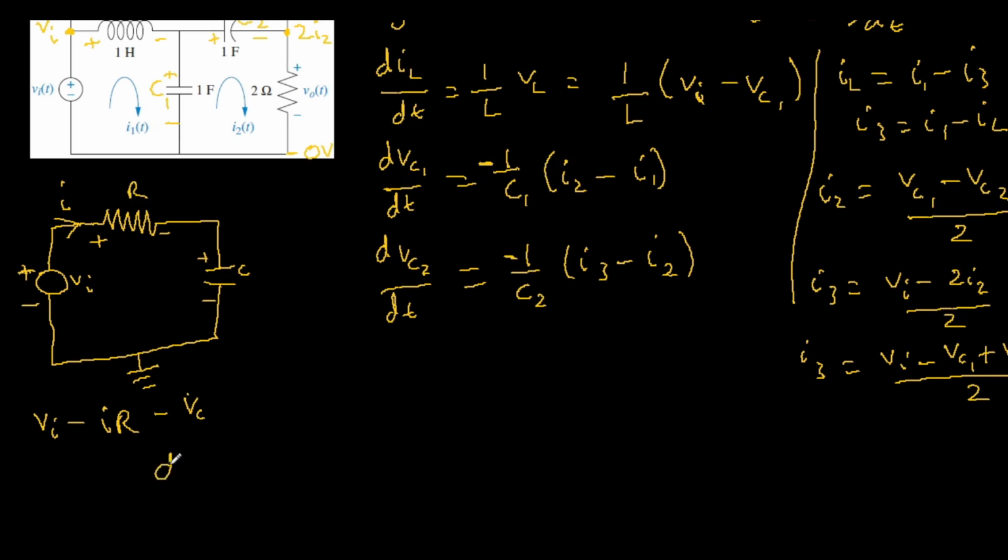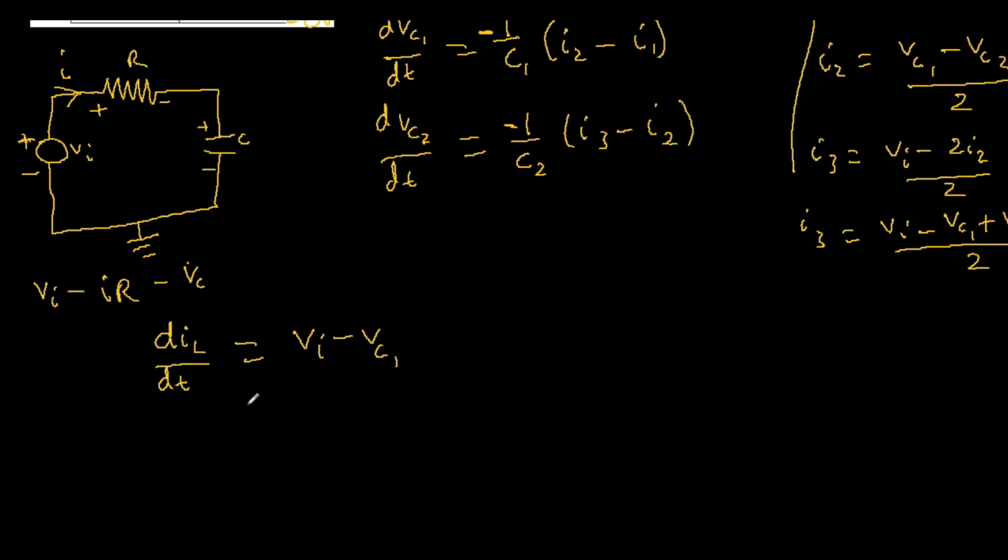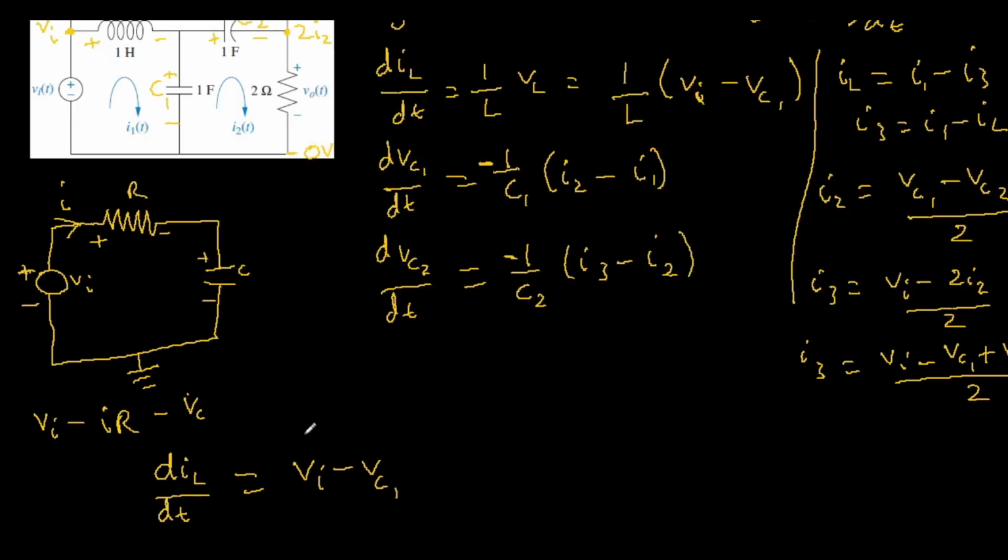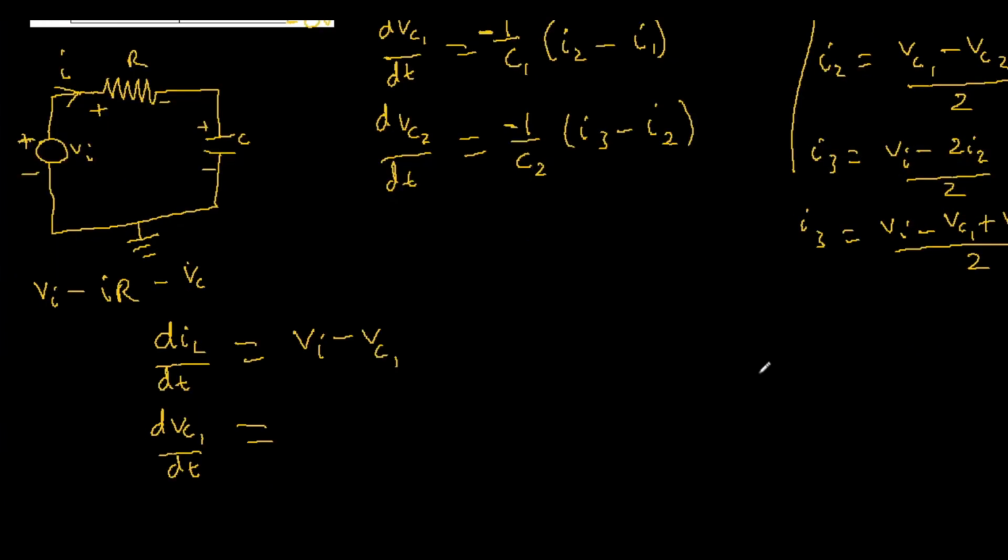So you have your dIL/dt. That should give me my first state equation. We already had that before. It was equal to 1 over L, and L is 1, so it's simply VI minus VC1. Okay, that's good. Let's go to the second state equation. The second state equation says dVC1/dt is equal to minus 1 over C, so 1 over C times I1 minus I2. 1 over C is 1, so that will simply be 1 into I1 minus I2.